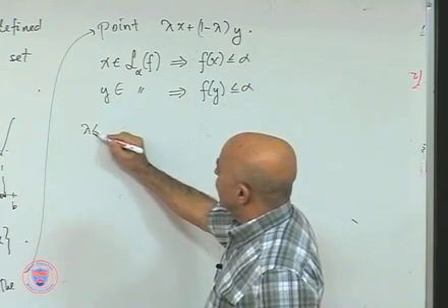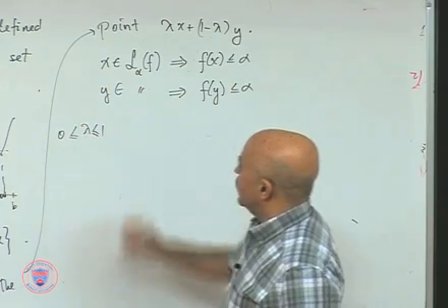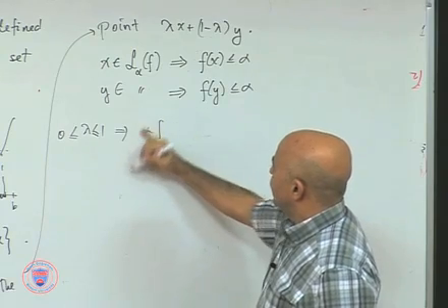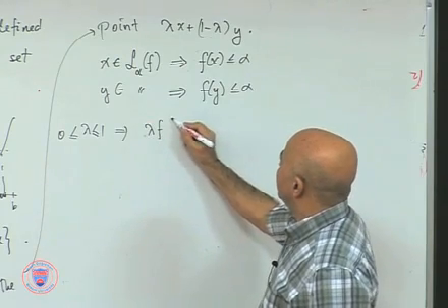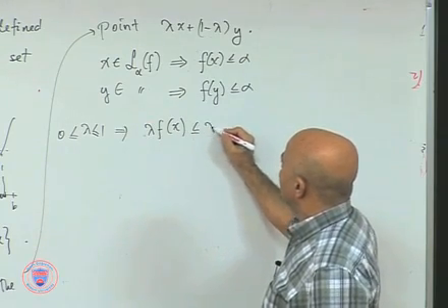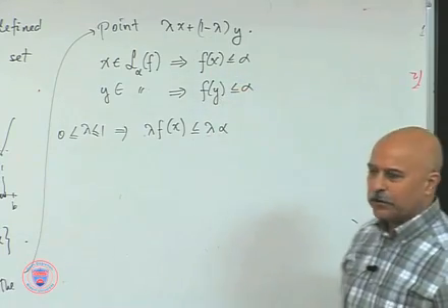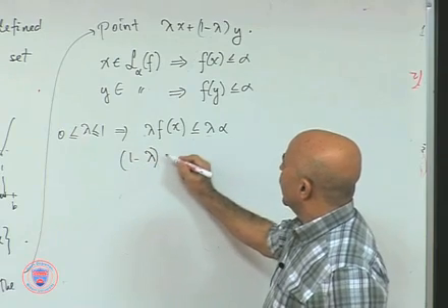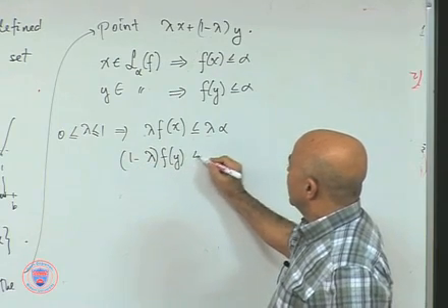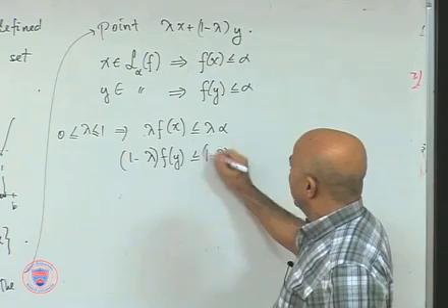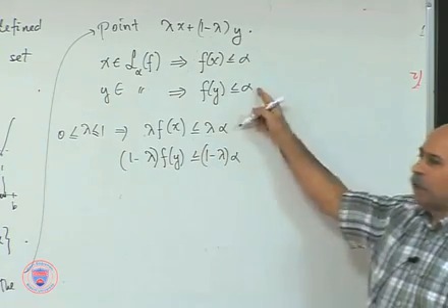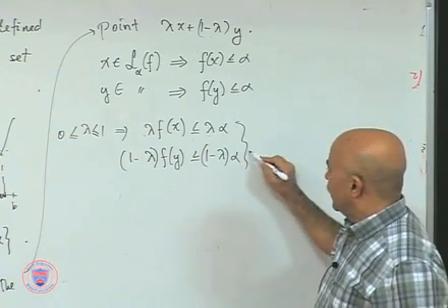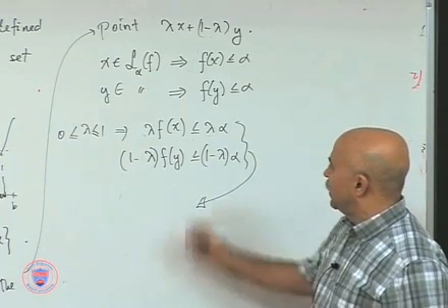Lambda being a non-negative number between 0 and 1 implies, together with these, that lambda f of x is less than or equal to lambda alpha. I'm just multiplying both sides. And that 1 minus lambda f of y is less than or equal to 1 minus lambda alpha. Again, multiplying the second inequality.